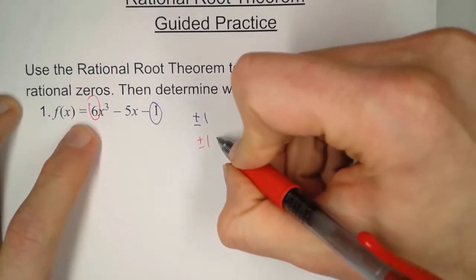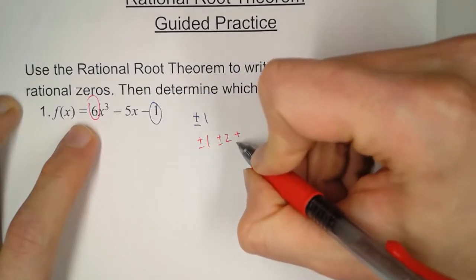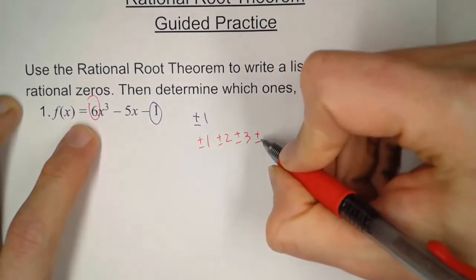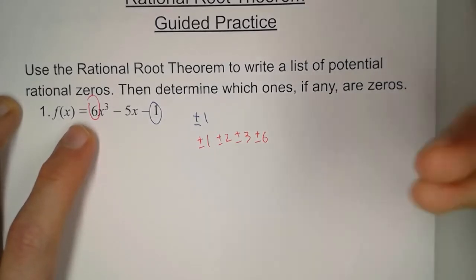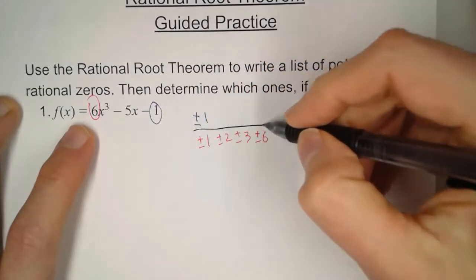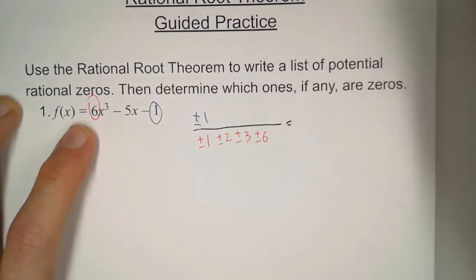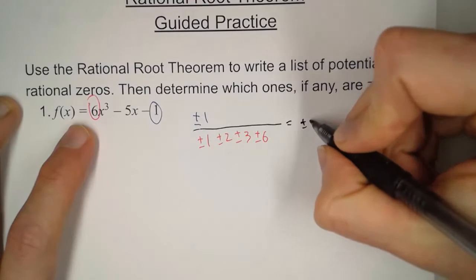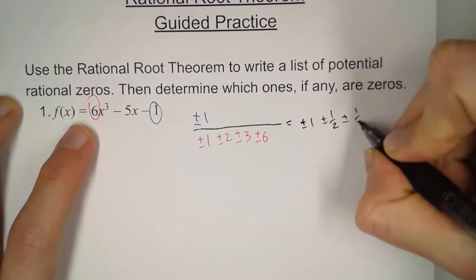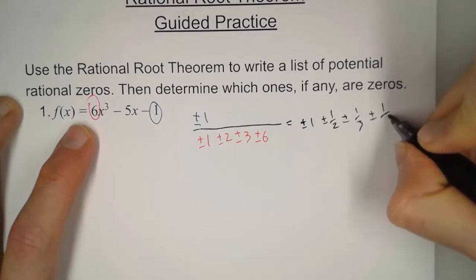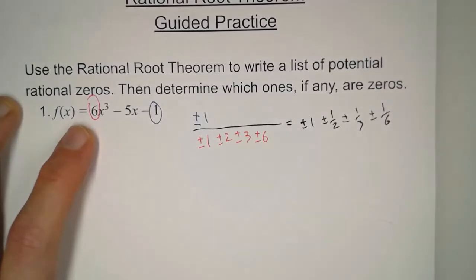Well, it could be 1, 2, 3, or 6. And so what do we get when we divide these numbers up here by these numbers down here? Well, we get plus or minus 1, 1/2, 1/3, or 1/6.